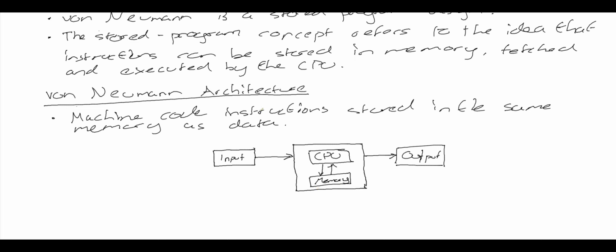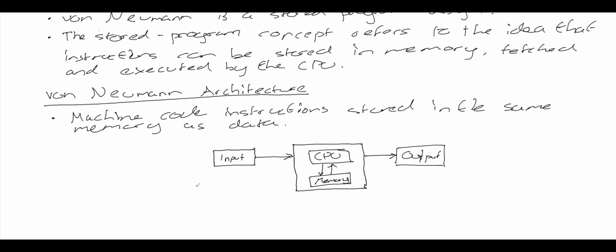We've got our input to the computer. This big box is the computer, we've got the CPU, and we've got the memory. And you can see there's only one section of memory for the program instructions and the data that those instructions operate on and manipulate.